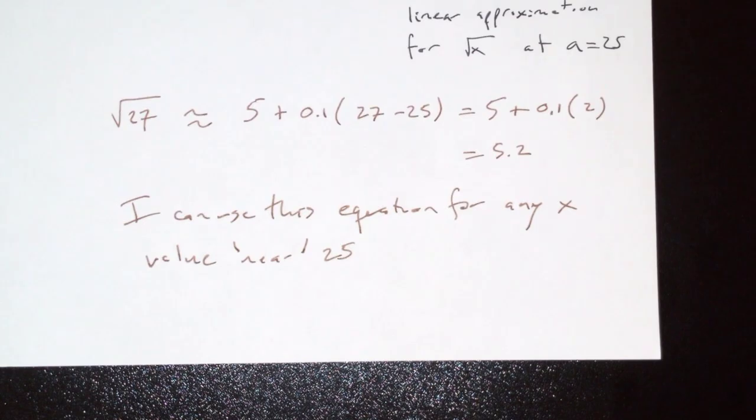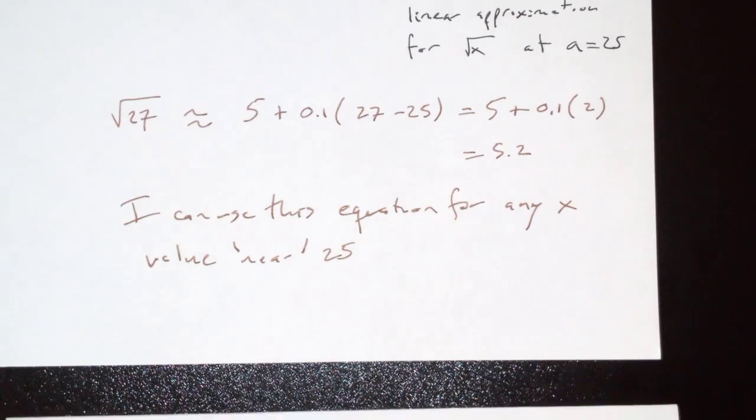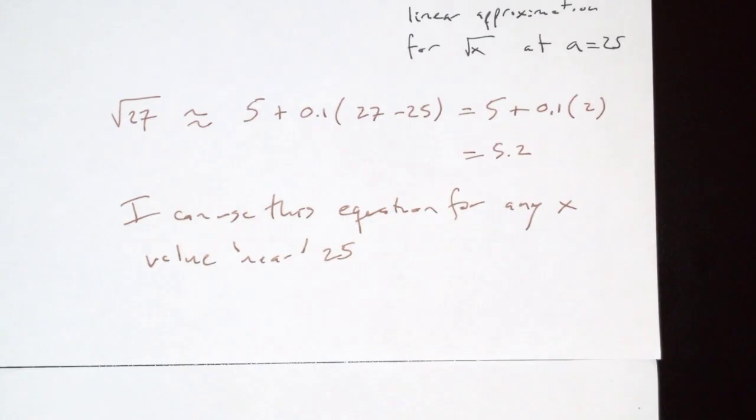Now, I did put near in quotes here on purpose, because how close is close enough for 25? If I asked for the square root of 35, would this work well? Why not? Closer to another perfect square, 36. Square root of 17, and 17 is closer to 16, a different perfect square.